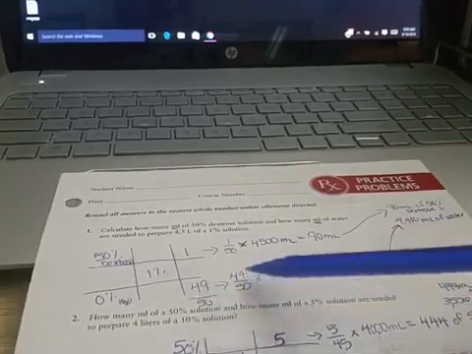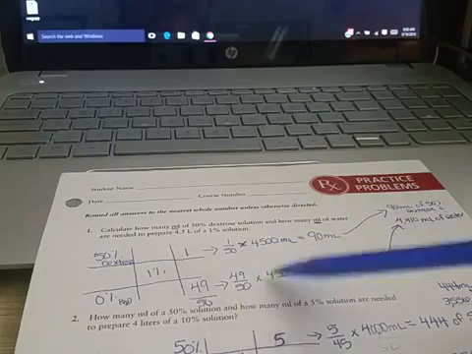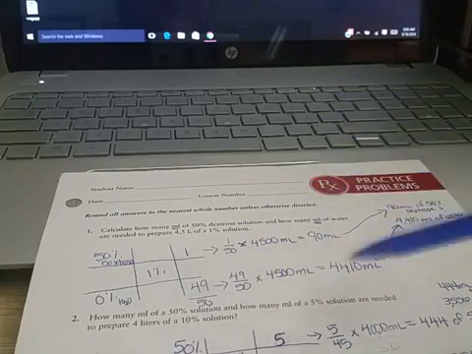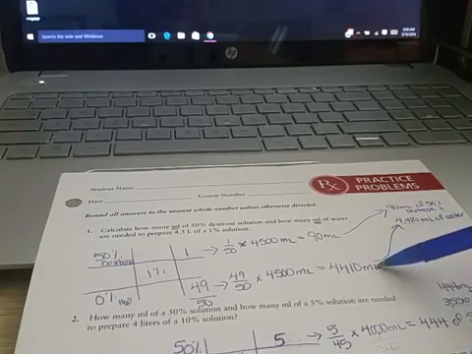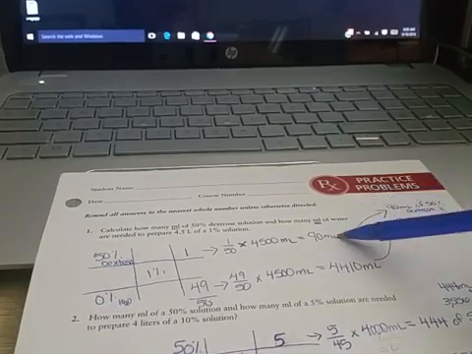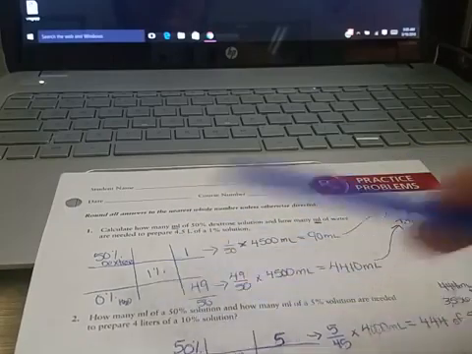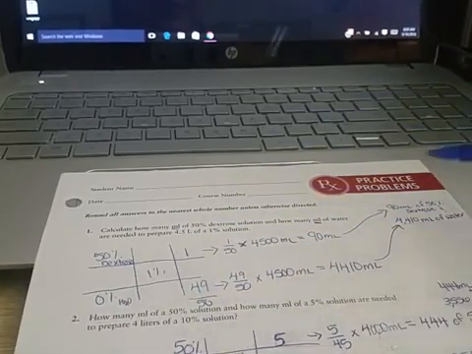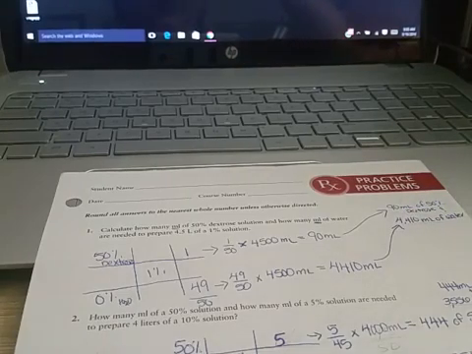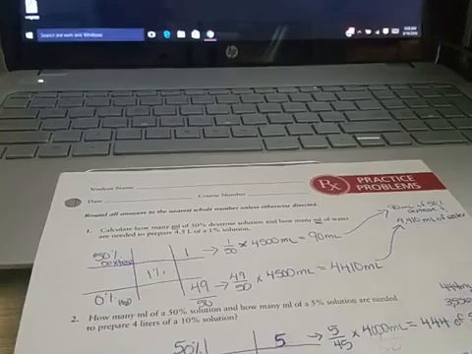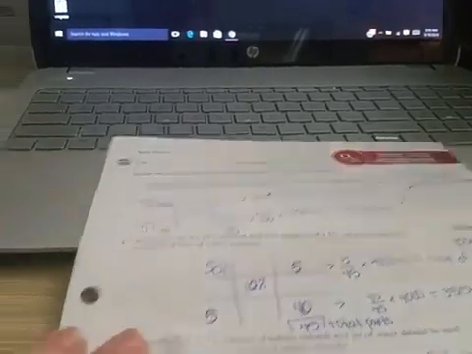Okay, so 49 parts of water divided by your 50 total parts, and then you multiply that by 4,500 ml to get a total of 4,410 ml. So you need 4,410 ml of water and 90 ml of dextrose in order to get a 1% strength of this solution. And if you add the 4,410 plus the 90, you should get a total of 4,500 ml, which shows that you did your problem correct for that matter.